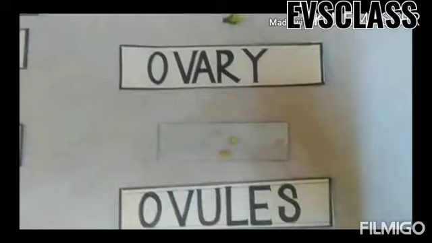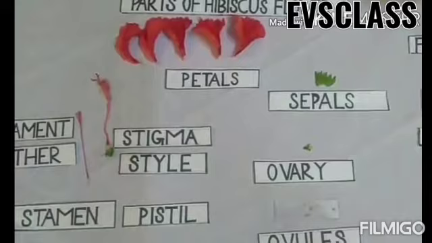All the parts are dissected very nicely. I used the hibiscus flower because it is easy to see the different parts. You get a lot of ideas. Now you see every part together.